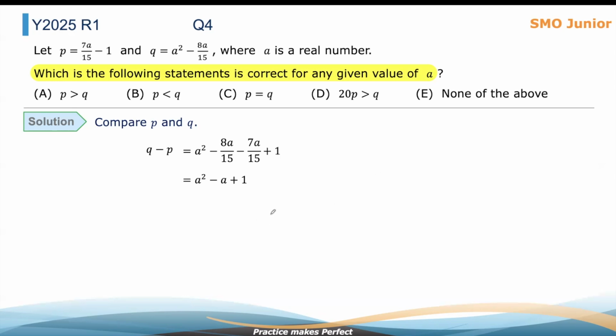So here we use completing the square. We can get this equal to (a minus half) squared plus 1 minus (half) squared, which is (a minus half) squared plus 3 over 4.